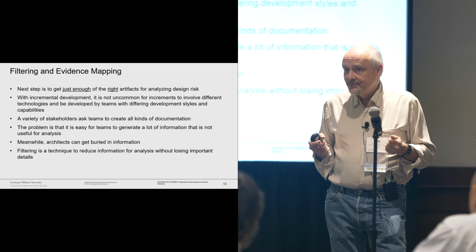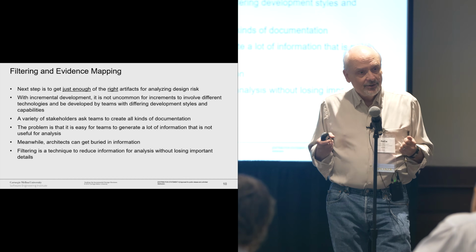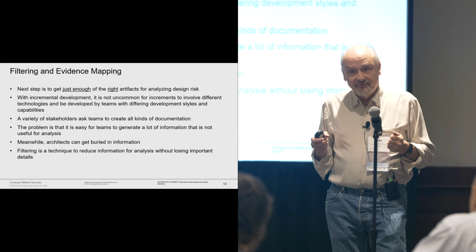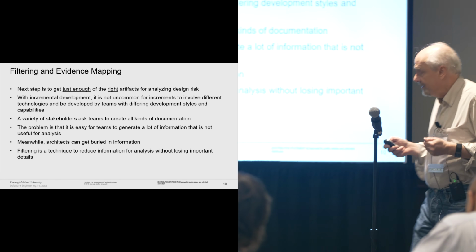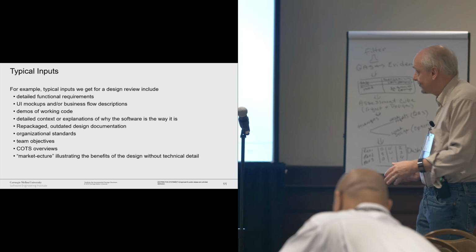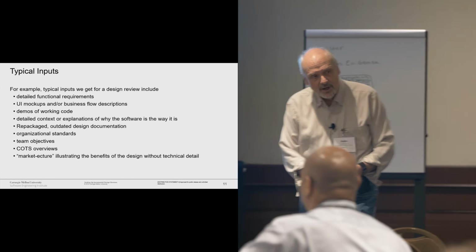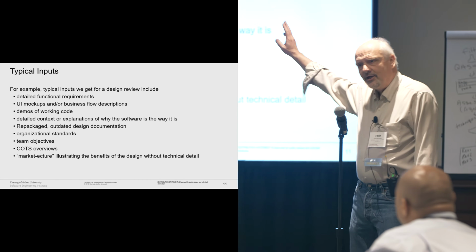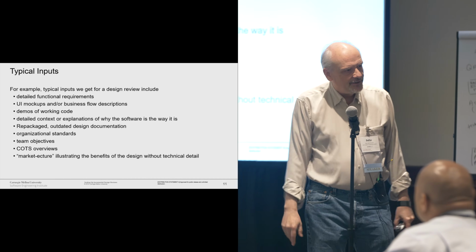What we found is there are only a few things that are really important, that you really need to know. Not everything. So we encounter, and I don't know how that is in your situations, but here we wrote down a typical list of stuff that we could get from a project.